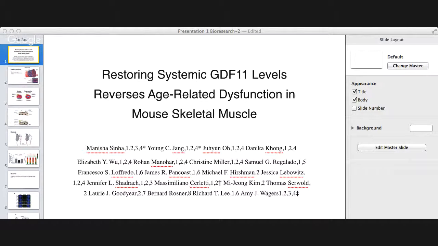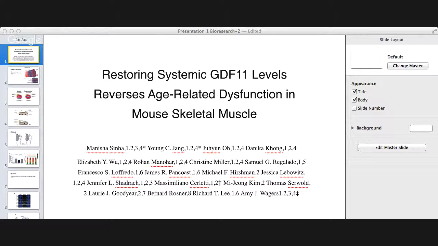GDF11 levels, there's been age-related dysfunctions in mouse skeletal muscles. And the starting point of the research is beginning in these skeletal muscles.